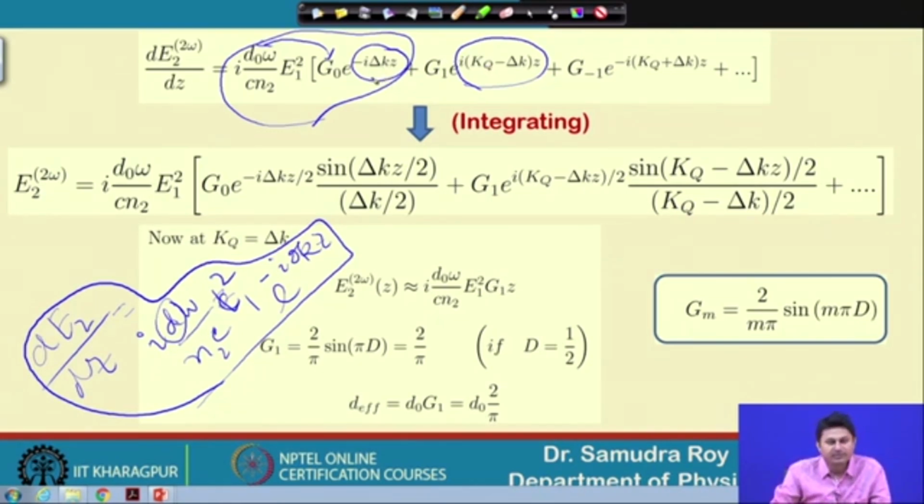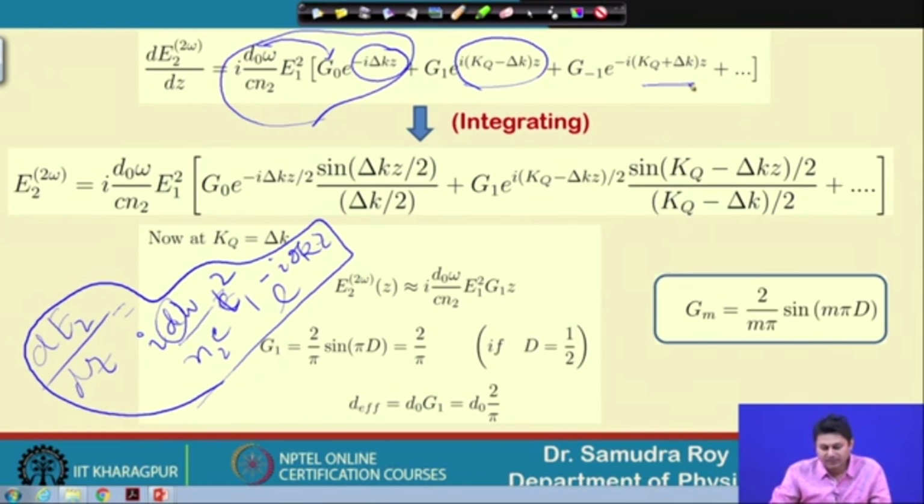Delta k equal to 0 is the phase matching condition, but for the second case the phase matching condition appears when kq is equal to delta k. That means the phase matching condition is now with the kq term. So, kq is included, and then here also we have some sort of phase term, but kq equal to minus delta k is our phase matching.